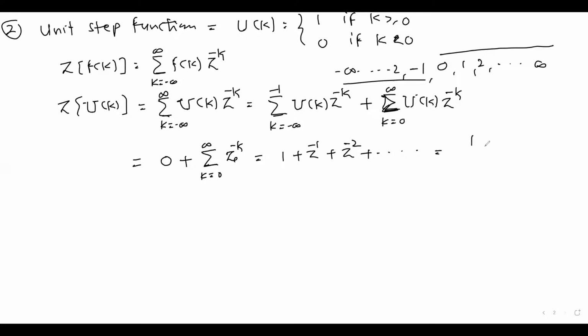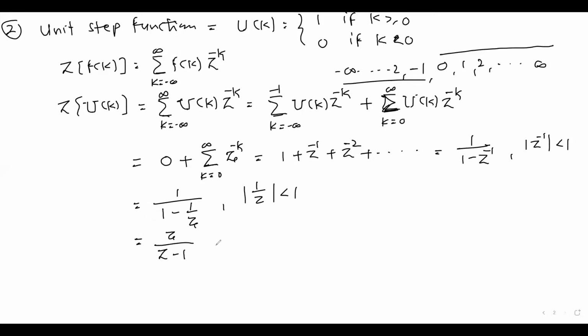And it can be written as 1 upon 1 minus z raised to minus 1. We already discussed the formula, and the ROC is z raised to minus 1 is less than 1. Now it can be written as 1 upon 1 minus 1 upon z, and the ROC is 1 upon z is less than 1, which is equal to z upon z minus 1.